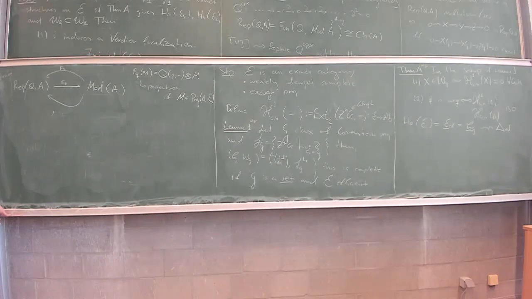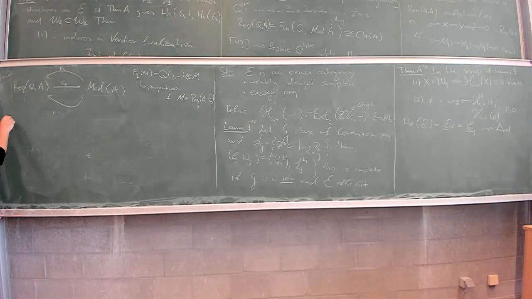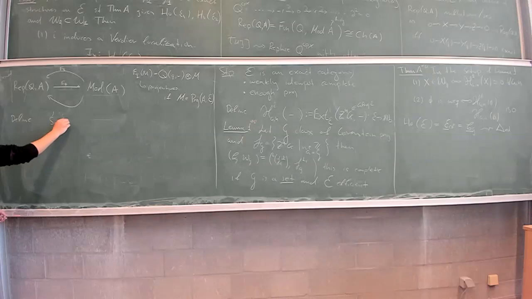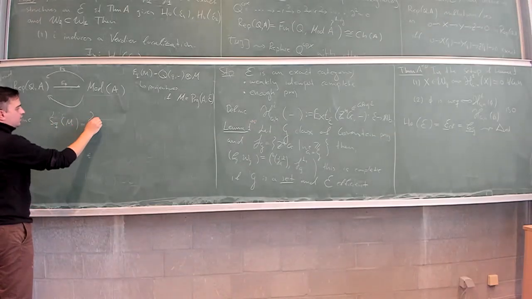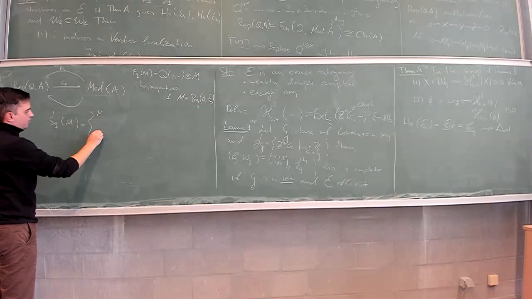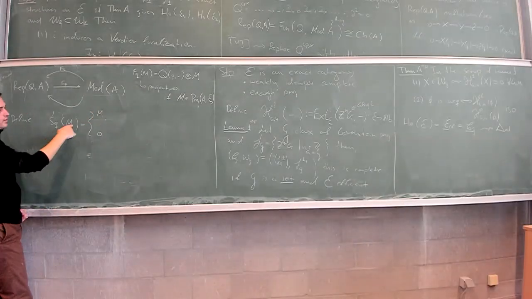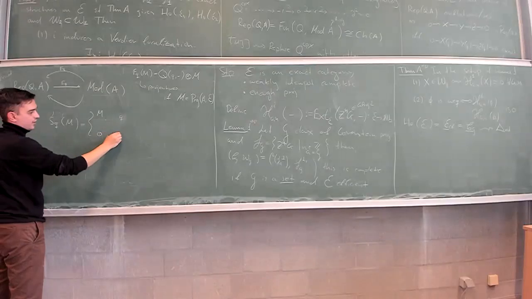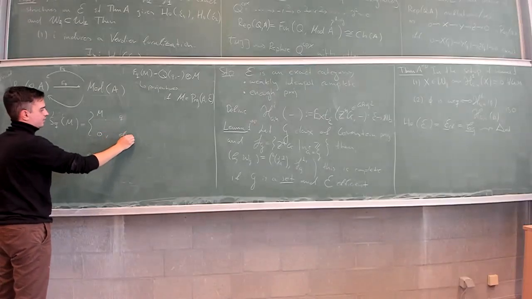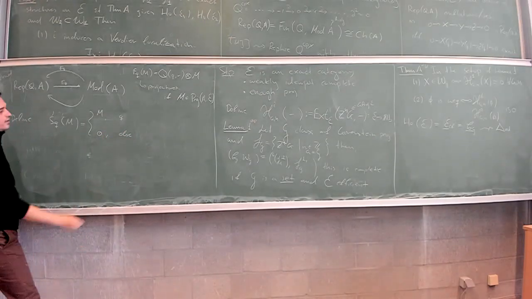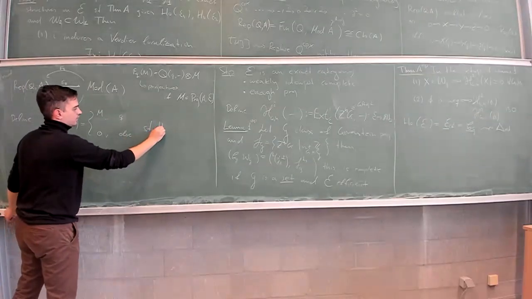Right, and we need to define also some other functors that I'm going to call stalk functors, that give you the module M at the vertex Q and 0 everywhere else. These are called stalks.